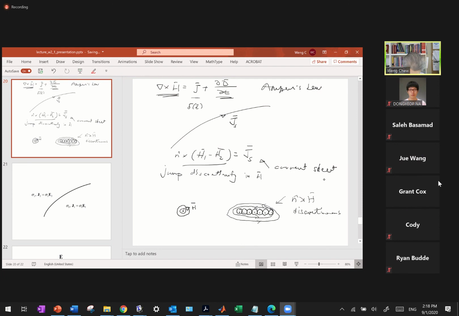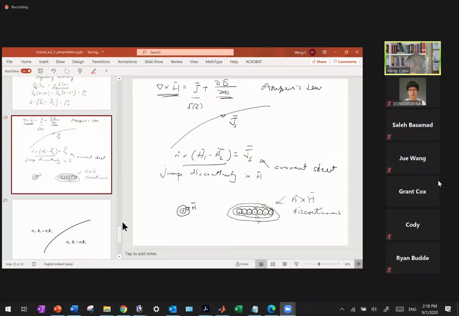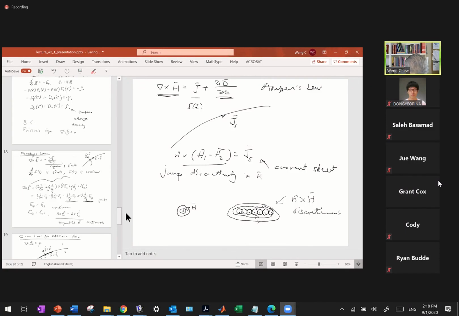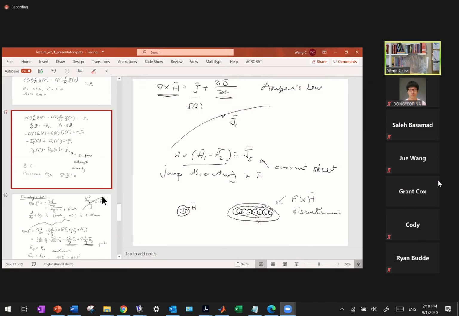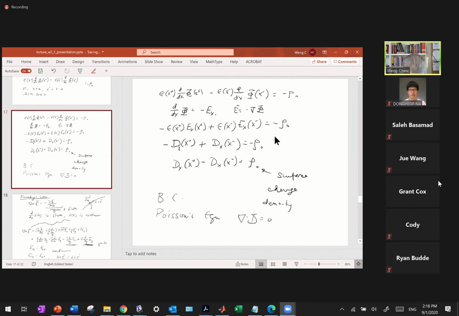The same thing goes with what I mentioned before for electric flux. This surface charge density gives rise to a discontinuity in the normal component of the electric flux. If I have a charge, it has electric flux that looks like this.